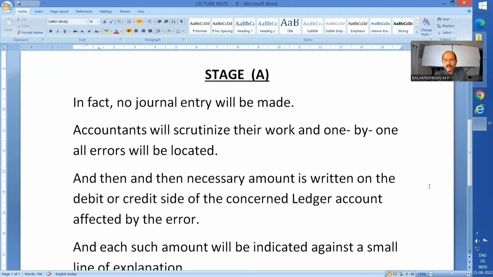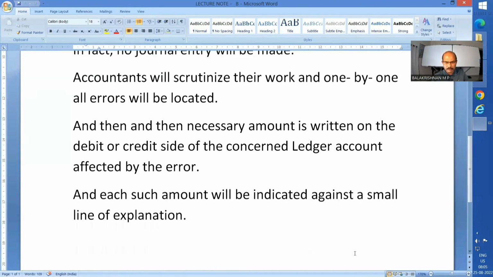Obviously, if such mistakes are rectified, then the trial balance will be tallied. In fact, no journal entry will be made. Accountants will scrutinize their work one by one and all errors will be located. And then the necessary amount is written on the debit or credit side of the concerned ledger account affected by the error. And each such amount will be indicated against a small line of explanation.